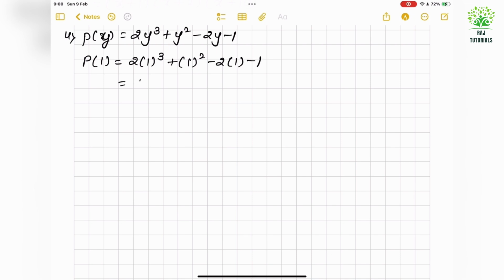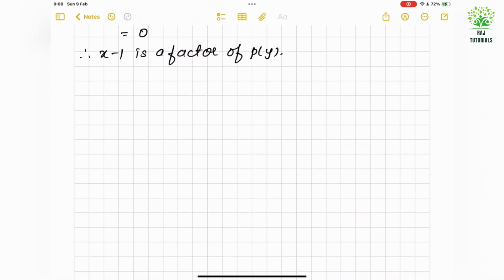So this will be 2 plus 1 minus 2 minus 1. So I will get 0. So I can say therefore y minus 1 is a factor of P of y.